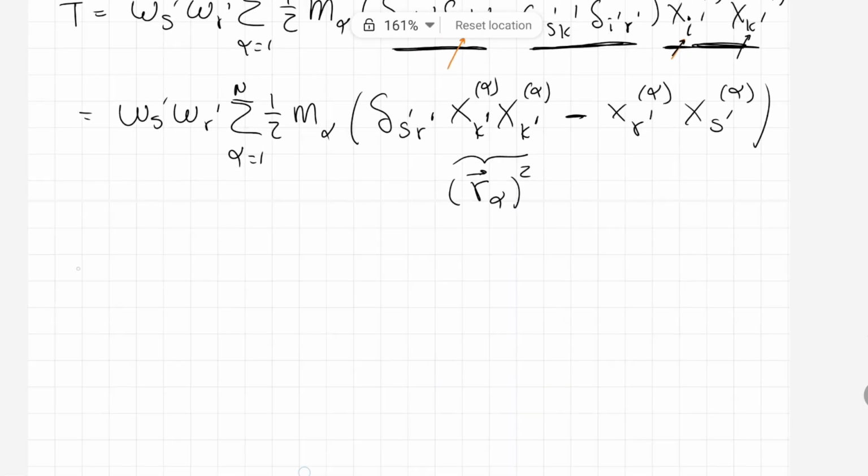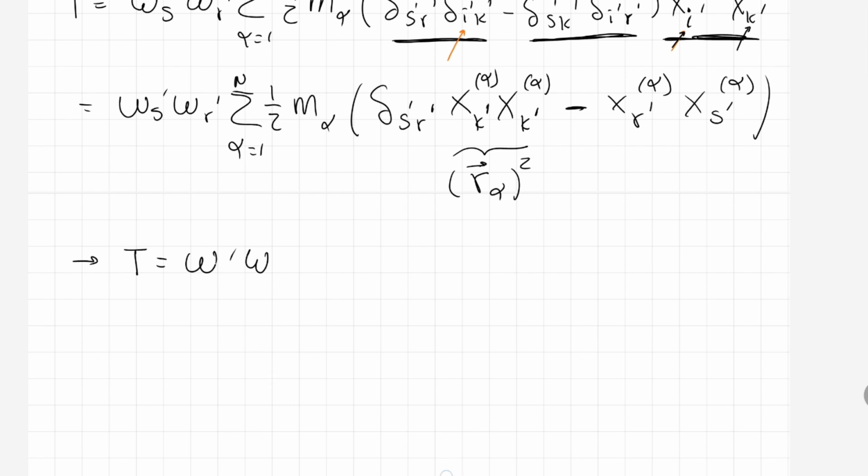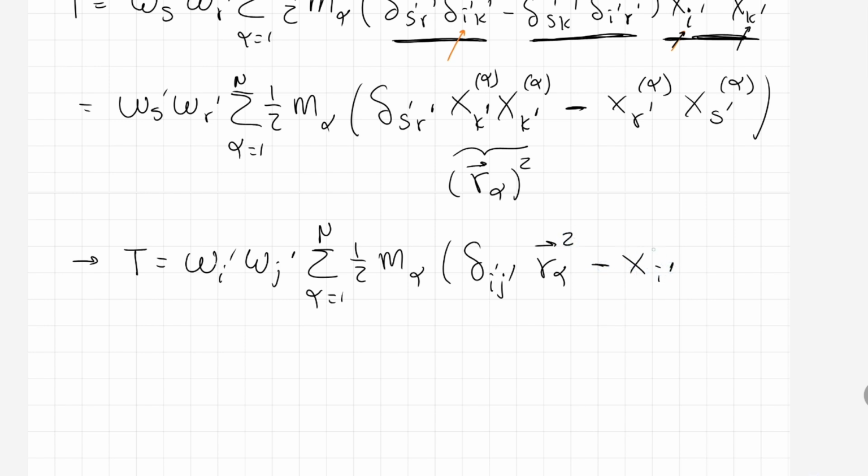So we are going to have that the kinetic energy can be expressed as omega i, omega j, the sum from alpha equals 1 up to n of 1/2 m sub alpha, the Kronecker delta ij, r sub alpha squared minus x_i x_j, like this.